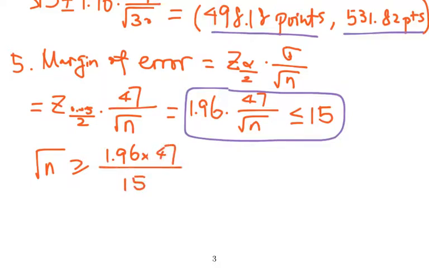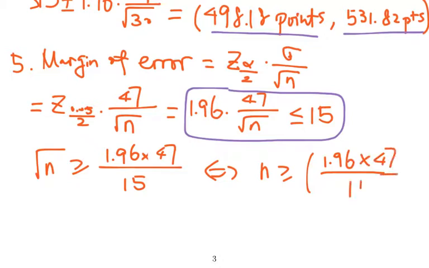If we square both sides, n is greater than or equal to 1.96 times 47 divided by 15, squared.